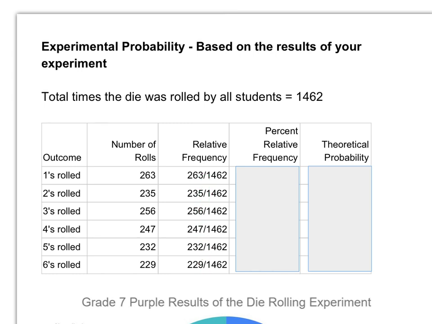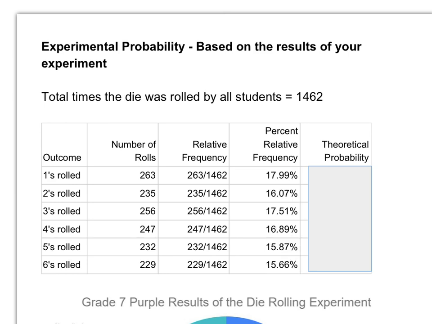And if I do the actual math and calculate the percents, so if I take my calculator and take 263 divided by 1,462 times 100, that would give me 17.99%.